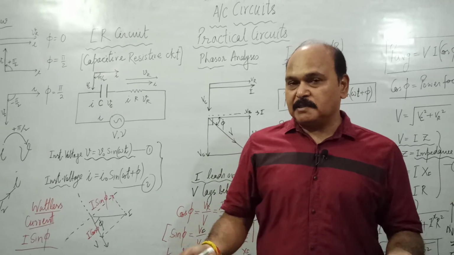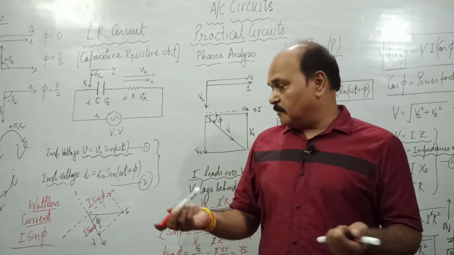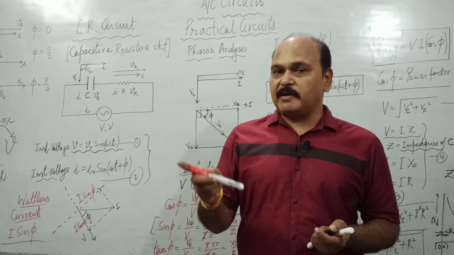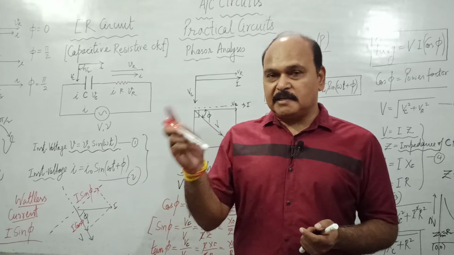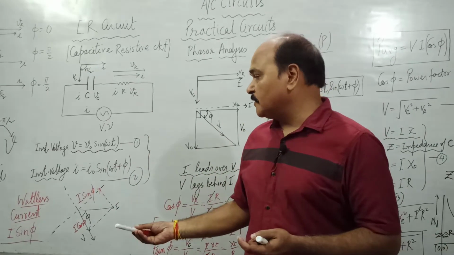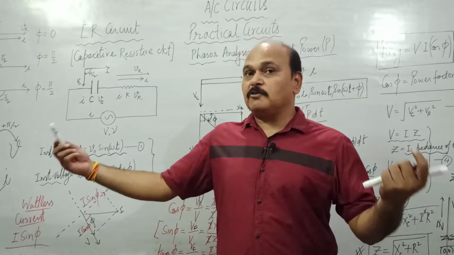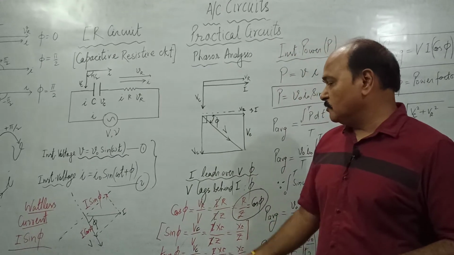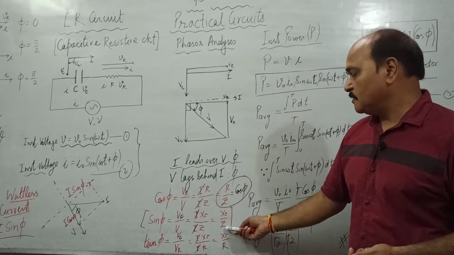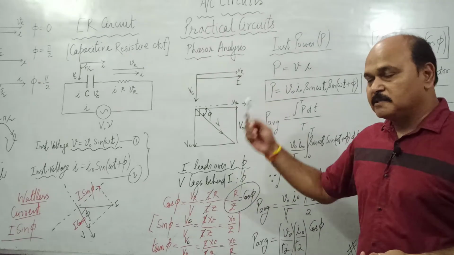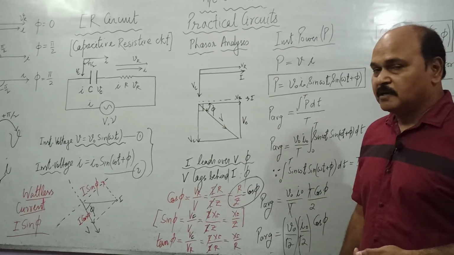In case of a partial circuit, LR and even here CR, the wattless current is I sin phi. Phi is neither 0 nor 90, it is in between. Therefore, a part of the current is wattless, I sin phi. So if we wish to find out wattless current, then we need to know this sin of phi, which is XC upon Z. In case of LR circuit, it is XL upon Z.